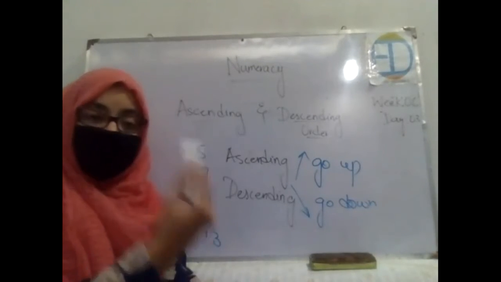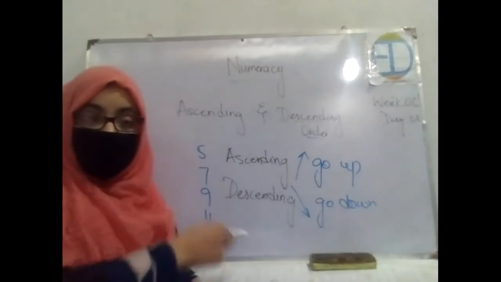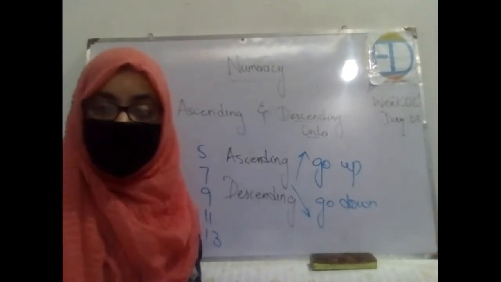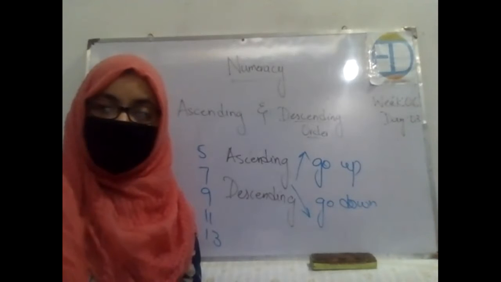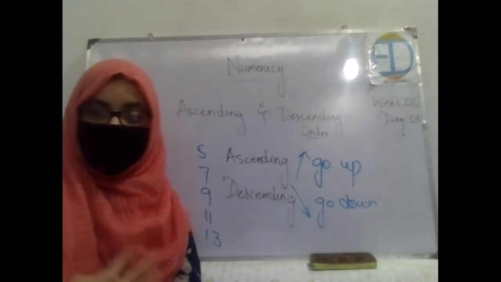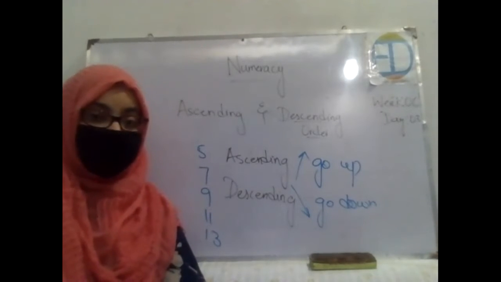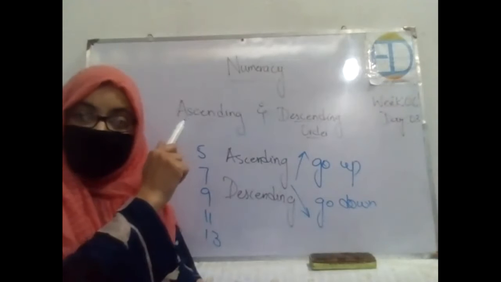You already know that descending means going down, but what does it mean when we are writing numbers? Can anybody tell me what it means by going down in numbers? Very well done. We will be starting with the highest number and then moving toward the lowest.